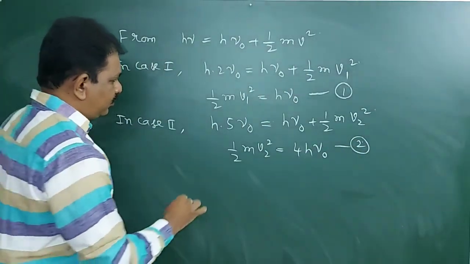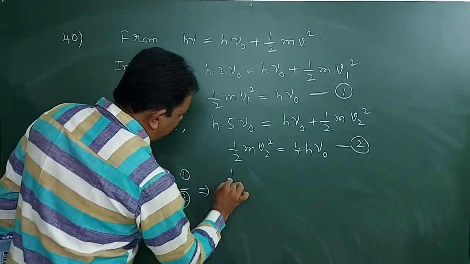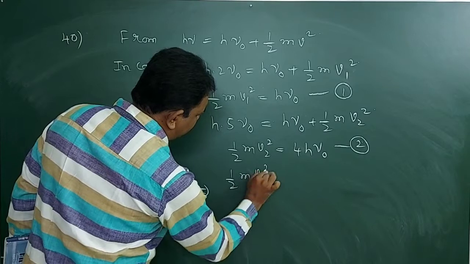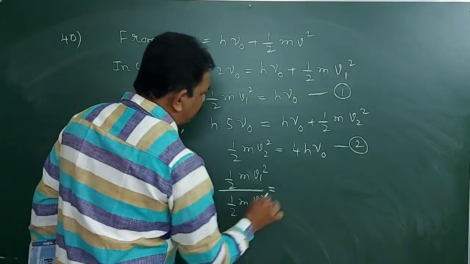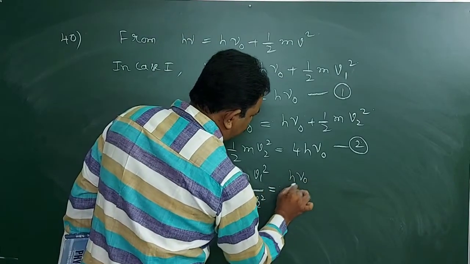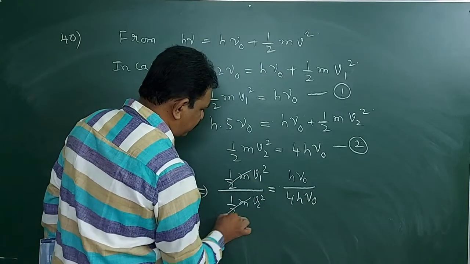Divide this by 1: half m V1 square by half m V2 square is h nu naught by 4h nu naught.